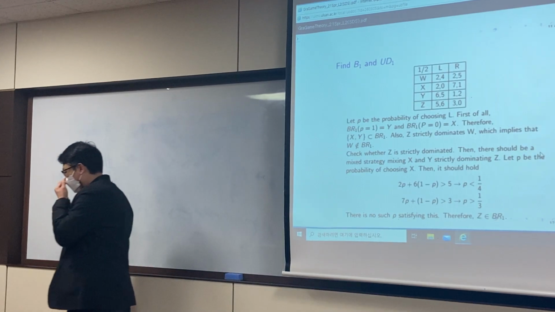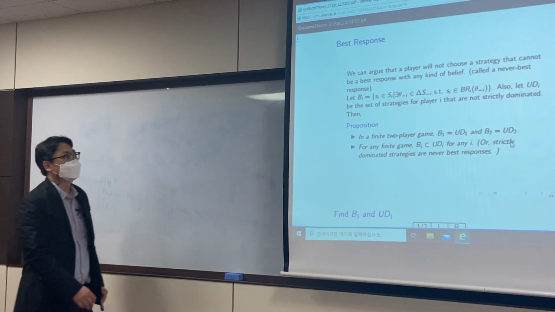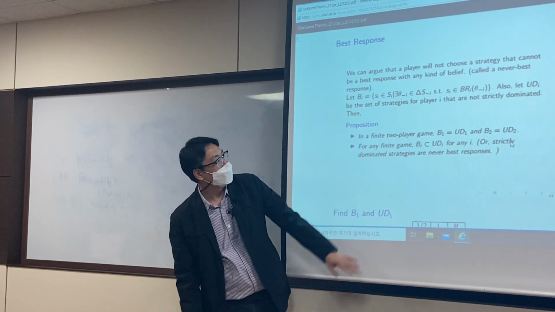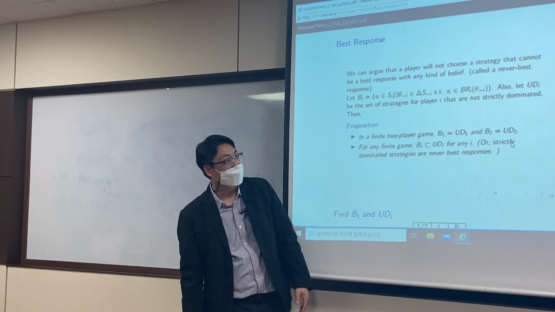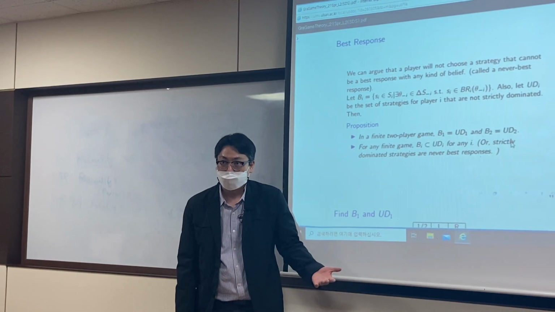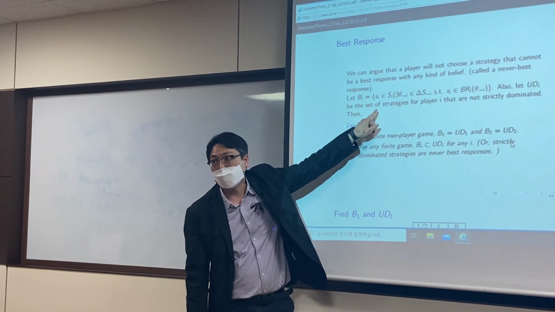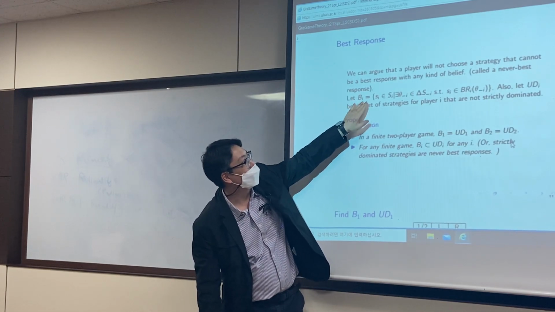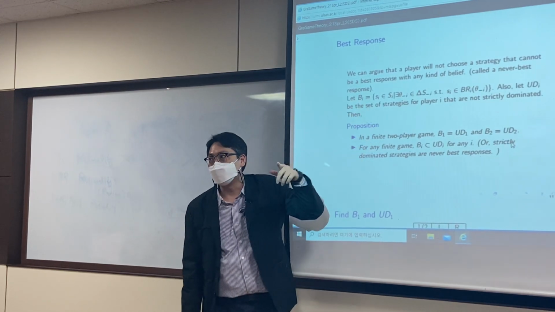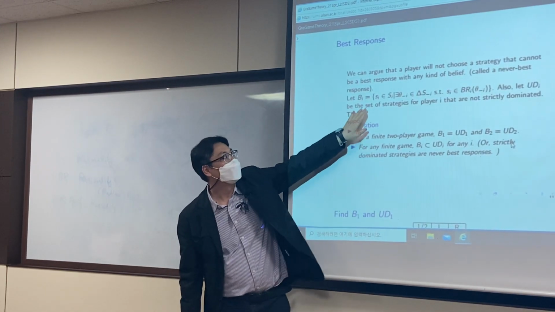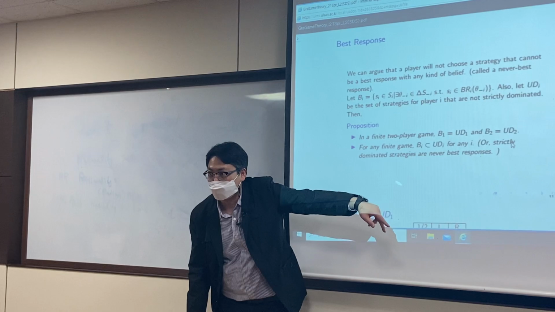So again, going back one slide, I can define the BI set like this. The BI set is the strategy set which can be rationalized by a belief. If there is any belief that makes that strategy a best response, then that strategy can be in this BI set. So if a strategy is a member of this BI set, it means we can find a belief which can rationalize that strategy to be a best response.